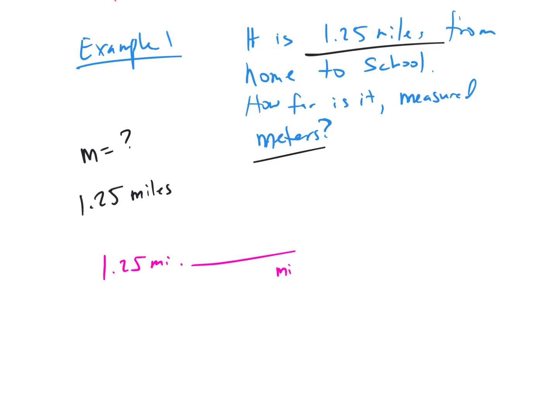No. On the test, I will give you this. Here's the only one that I know. I don't know exactly, I know about, but I don't know exact. But I do know this one, to feet: 5,280 feet to 1 mile. And if that's the one I give you, I would use it, right? On the first unit test, I might give you something like that. But after the first unit test, we're going to do chemistry. This is not chemistry, right? Okay? All right.